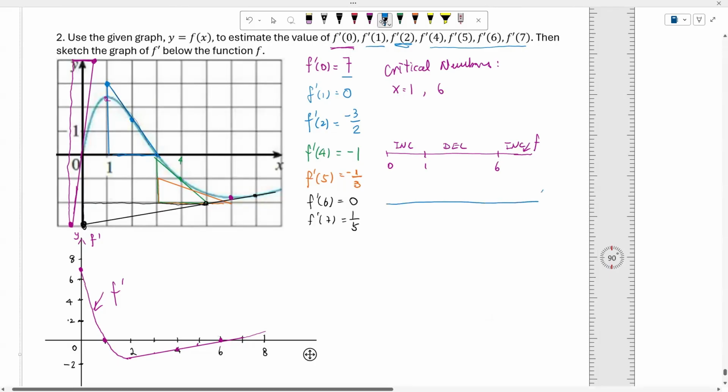Then for my f prime, I need 1 and 6. If the function is increasing, f prime is positive; decreasing, f prime will be negative; and then positive again.